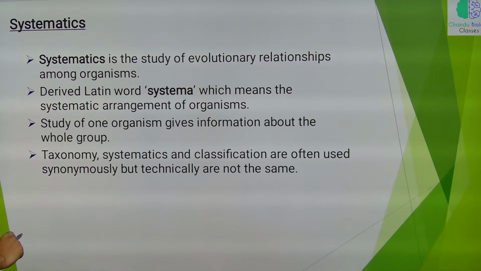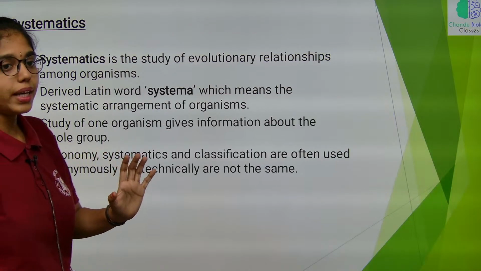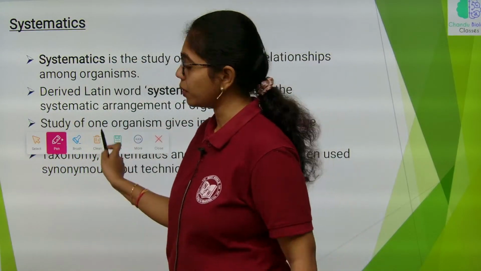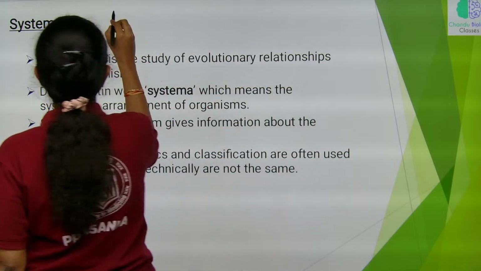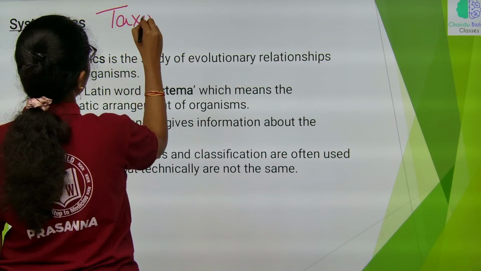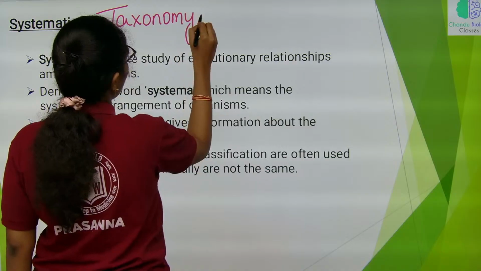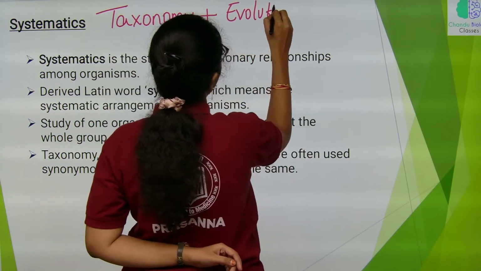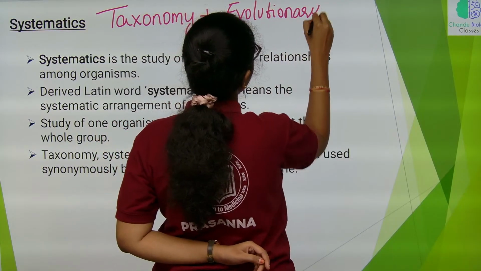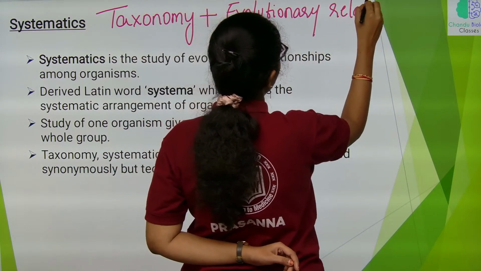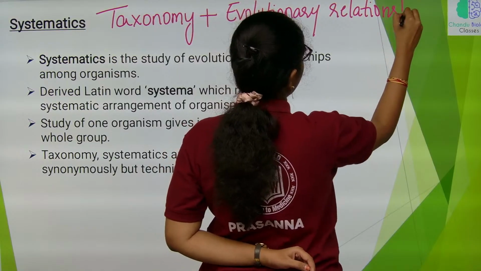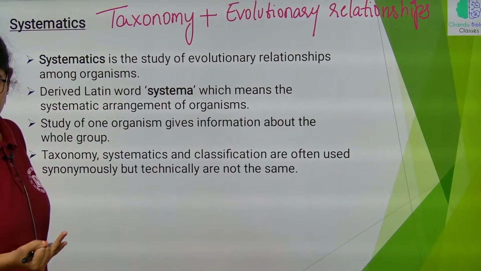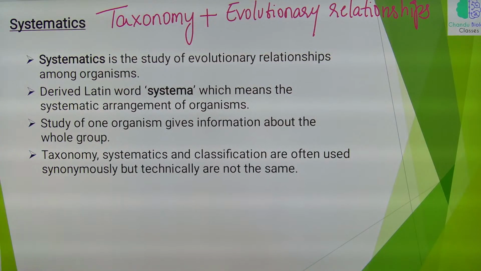Now systematics. I can say simply that taxonomy along with evolutionary relationships is said to be systematics, that is characterization, identification, classification, nomenclature.